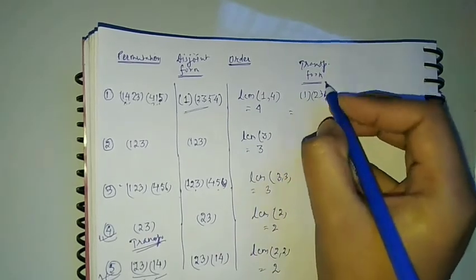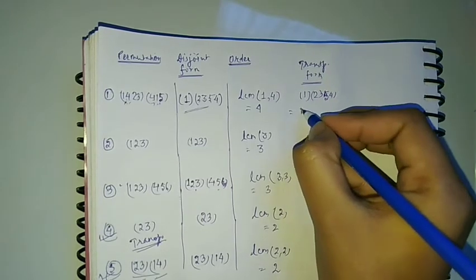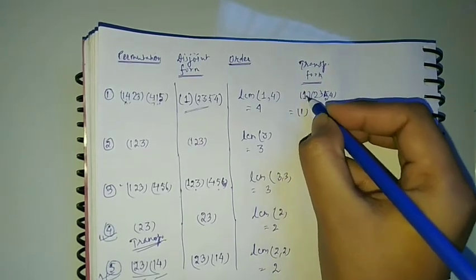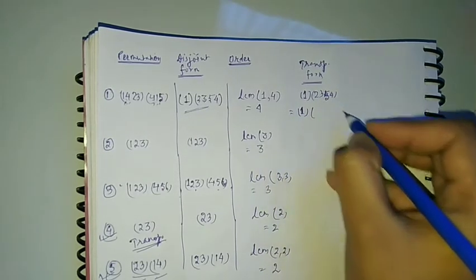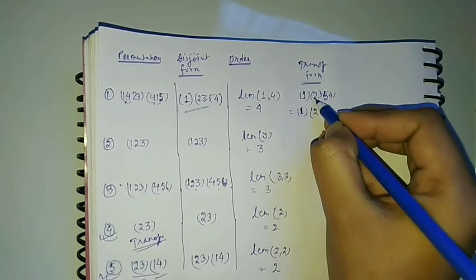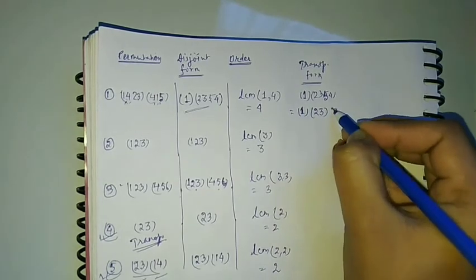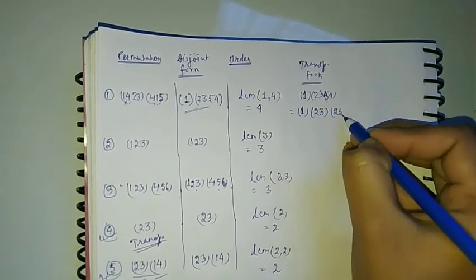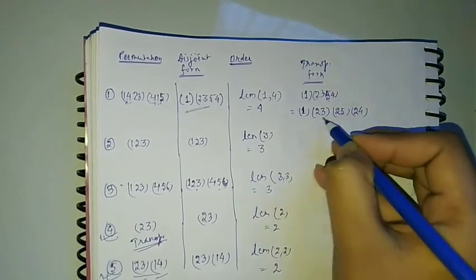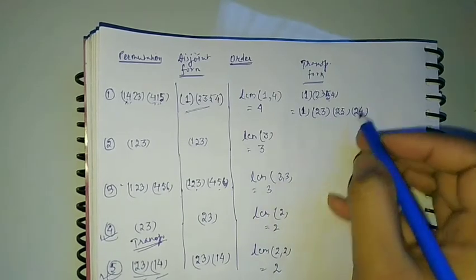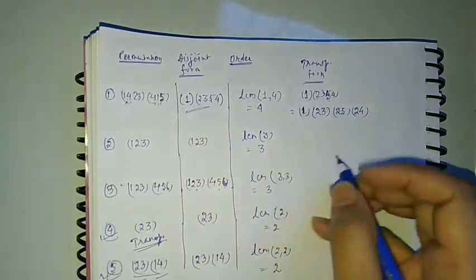Then in order to convert it into a product of transpositions, as it is a single cycle, we have to do it like this. First write the first element 2 and 3, it is the first transposition. Then again write 2 and 5, close, and again write 2 and 4, like this. So this is the expression of a product of transpositions from this disjoint form of the permutation.